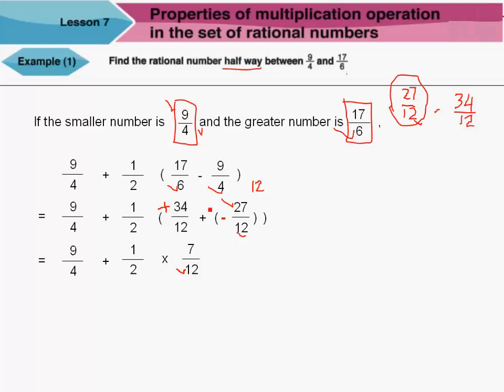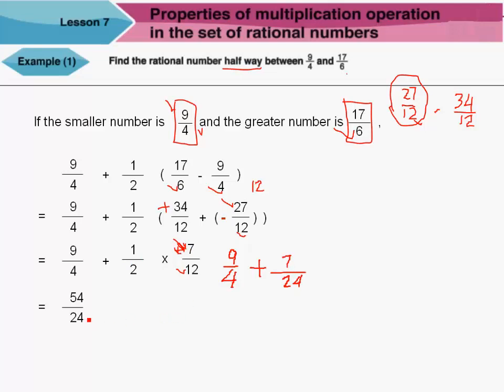Subtract 34 minus 27 is 7, and 34 is bigger than 27, which sign is plus, so we will take the plus sign, but we don't write it as a plus sign. This will be 9/4 plus 2 times 12 is 24. 1 times 7 is 7.